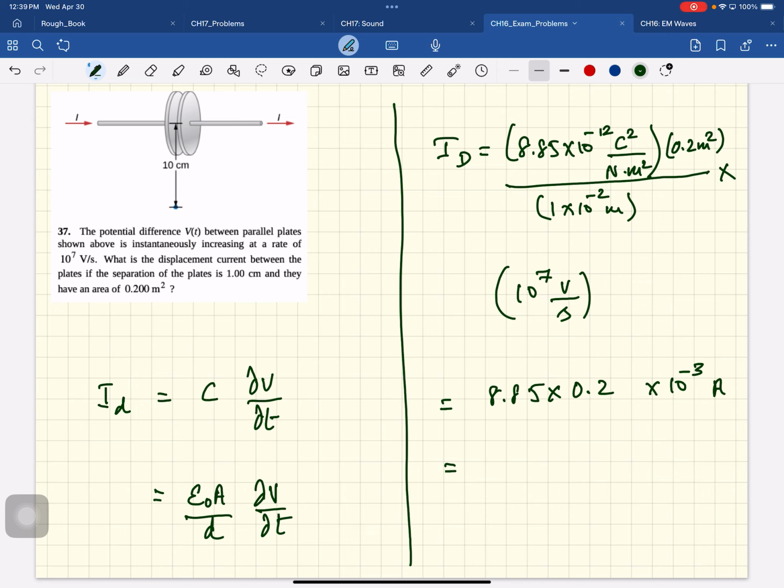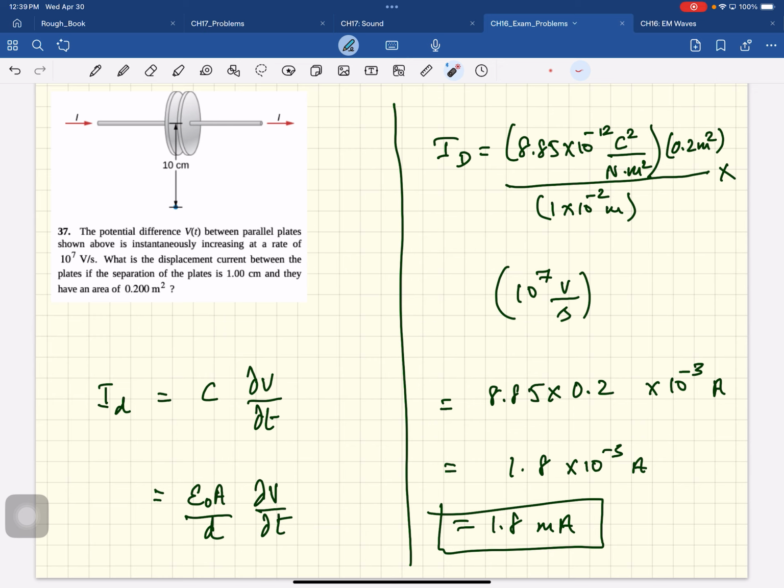All right, so this is 1.8 milliamps. So that's the displacement current.